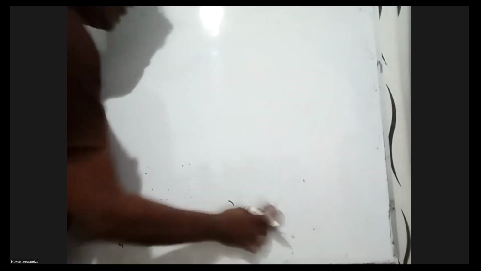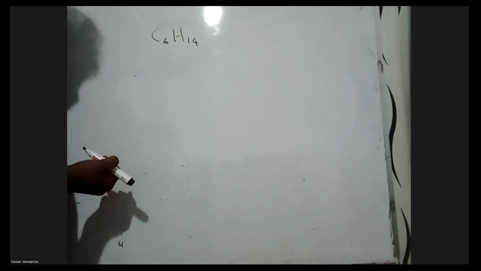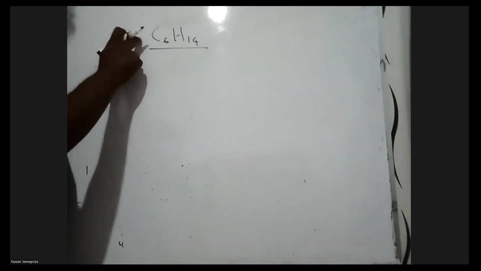Then I have C6H14. There is another alkane. So now you know clearly what alkanes are. Alkanes have the same molecular formula but different displayed or structural formulas.